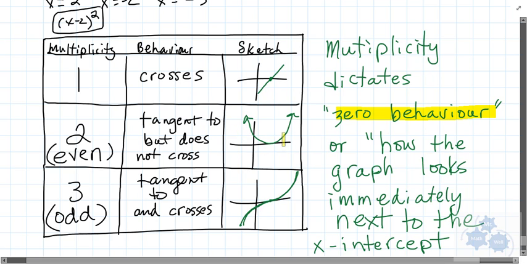Here it's like a parabola immediately around the intercept, either opening up or opening down. Could be either way. And of course here with it odd, it kind of looks like a cubic function as it crosses the x-intercept. So there's your summary of multiplicity, and that's the lesson on how the characteristics of an equation can tell you about what the graph is going to look like.